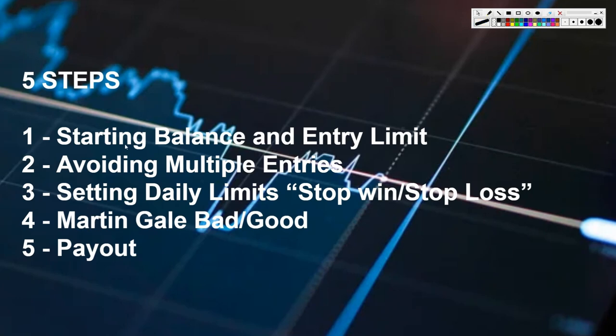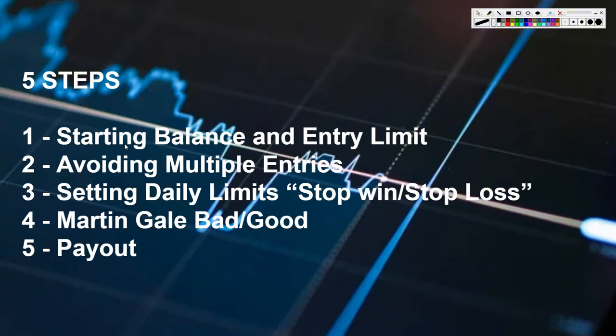So the first one, guys, starting balance and entry limit. Okay, first let's talk about it. Guys, it's crucial to start with a balance you are comfortable trading with. Once you have your starting balance, you should limit each trade to no more than 2% to 5% of your total bankroll. I always repeat that during live.